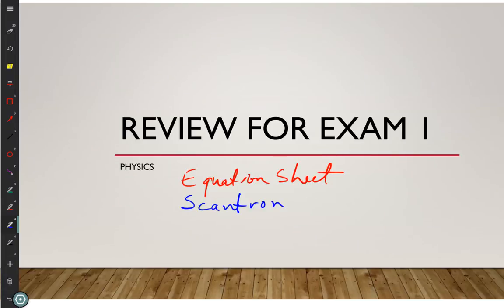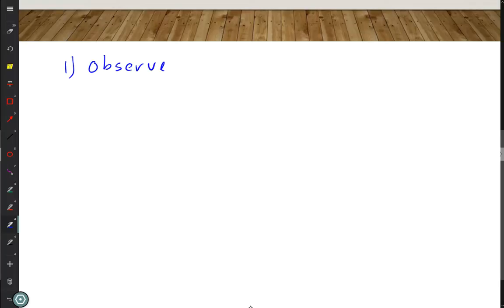Step 2 needs to have an A, B, and C on it, because step 2 is, and I'll actually write these down here. So step 1, observe something interesting.